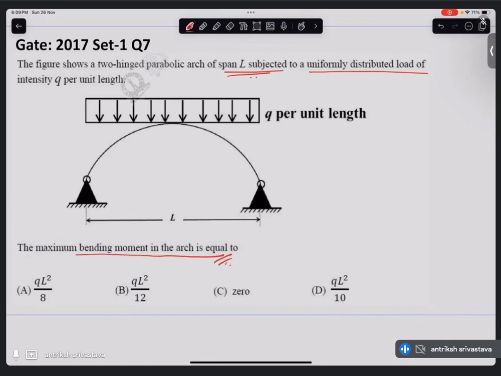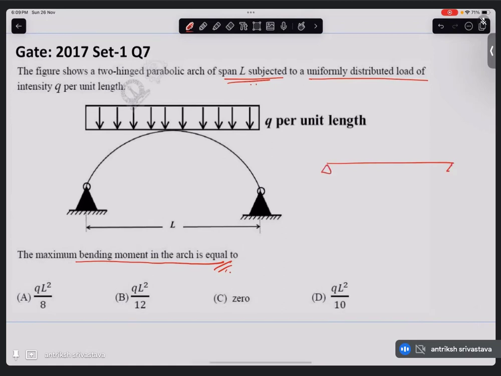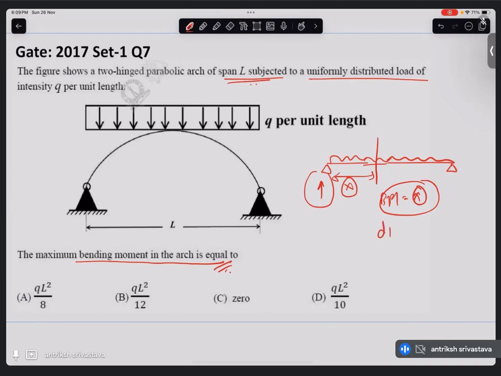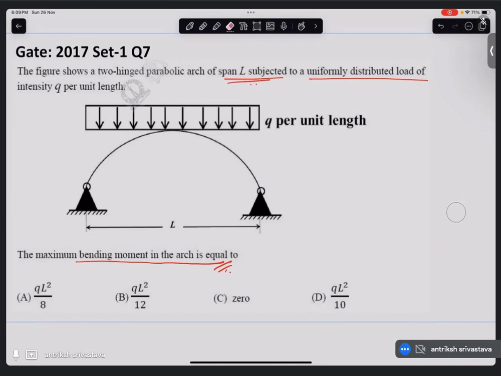So generally in our beam, if we were given this condition, what we will do, we'll try to find out VA, then take a particular section at a distance X, and then try to find out the bending moment as a function of X, then take the derivative of this bending moment with X and put it to 0 to get the value of X. That is how you generally do it. But this is a special case. What is special in this?